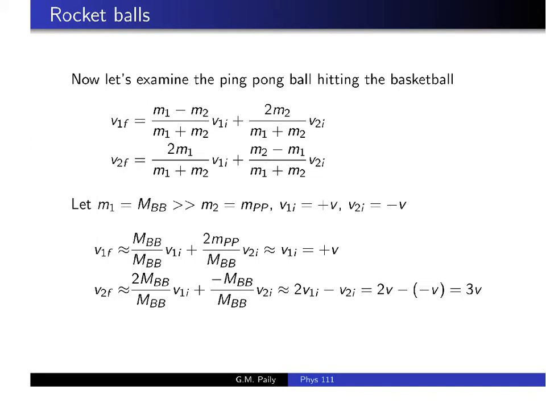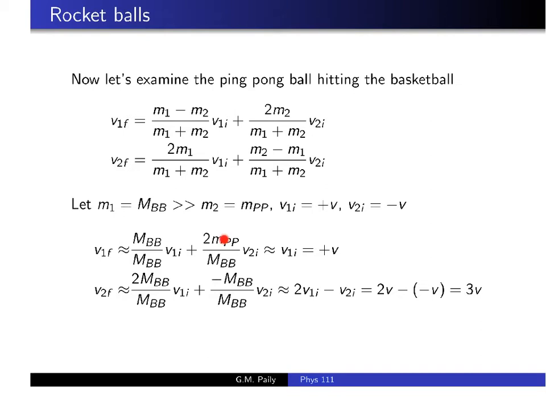Here we have m1 minus m2, which becomes mass of the basketball minus mass of the ping pong ball, which is dominated by the mass of the basketball. In the denominator, we have mass of the basketball plus mass of the ping pong ball, which again is dominated by the basketball, and so this ratio turns into roughly 1 times v1 initial. Here we have 2 times the mass of the ping pong ball divided by mass of the basketball plus mass of the ping pong ball.